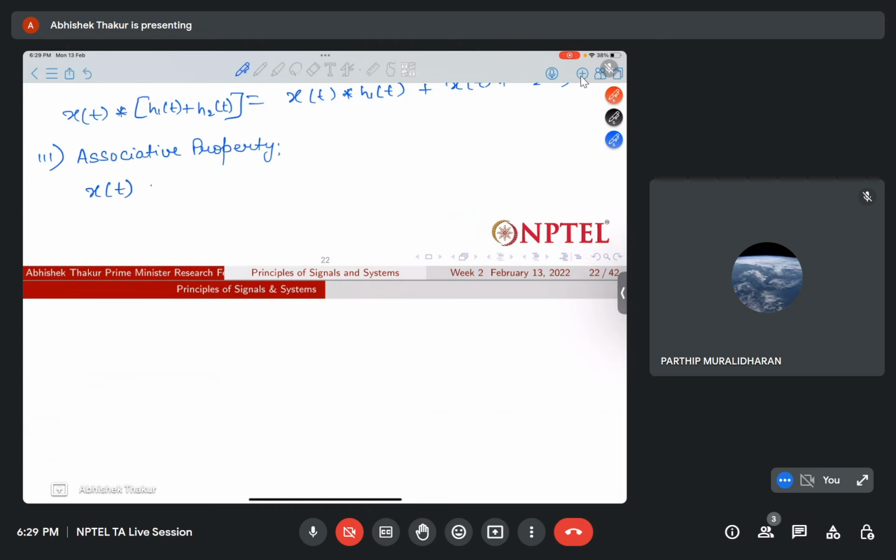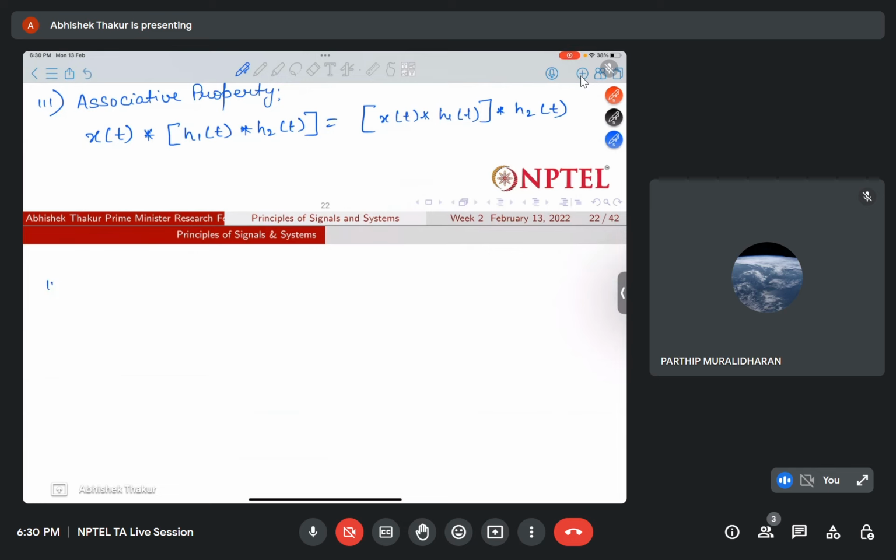So x(t) convolution h1(t) convolution h2(t) is equal to x(t) convolution with h1(t), and after that the whole is convolved with h2(t). You can easily prove it. Just substitute the formula. Okay. We'll not see the proof of this one. We'll see the proof of the important one.